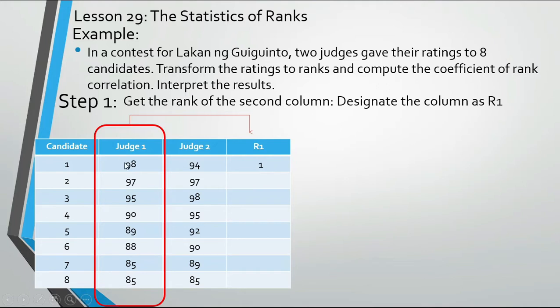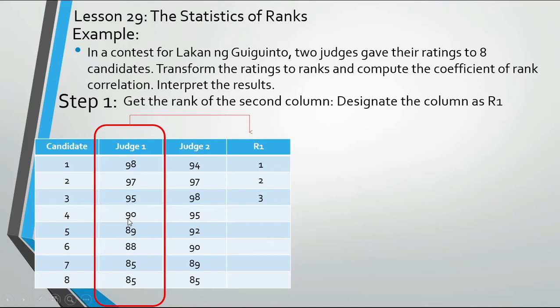Sumunod, 97. So, rank 2. Sumunod, 95, rank 3. Mas maganda kung hahanapin natin yung pinakamataas, then pababa, hindi yung per row tayo. Mahirapan kasi tayo, okay?